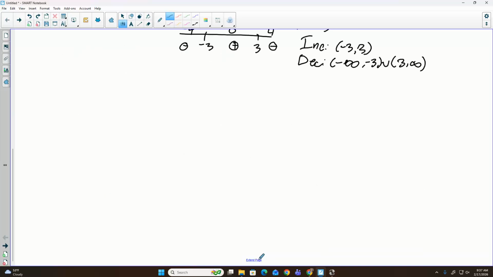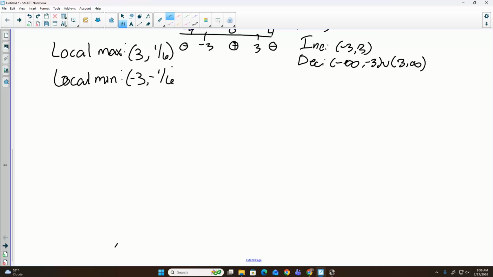So then for your local max and local min, it's positive there, so your local max is going to be at 3, and your min's going to be at negative 3. You plug that back into your original equation, and you'll get that your local max is 3, 1/6, and your local min is negative 3, negative 1/6. Good.